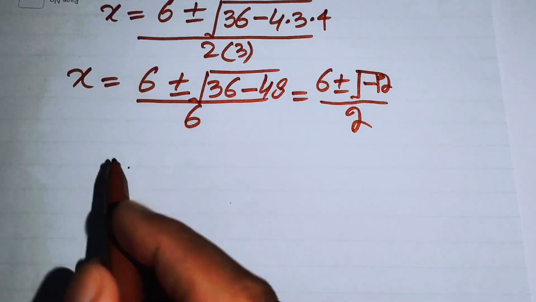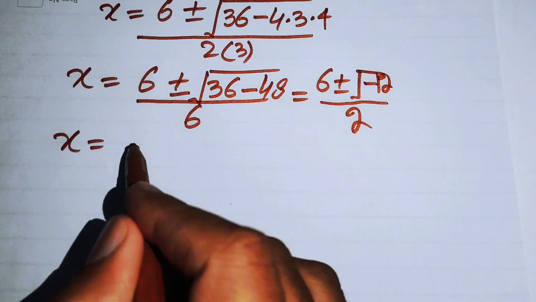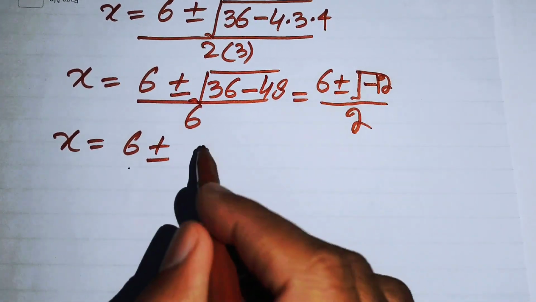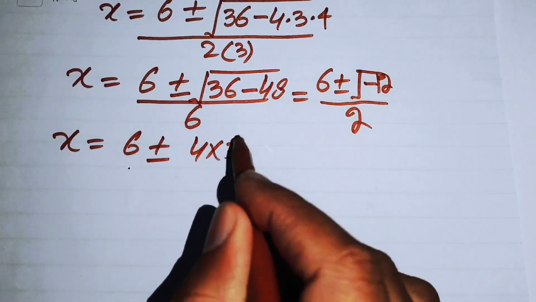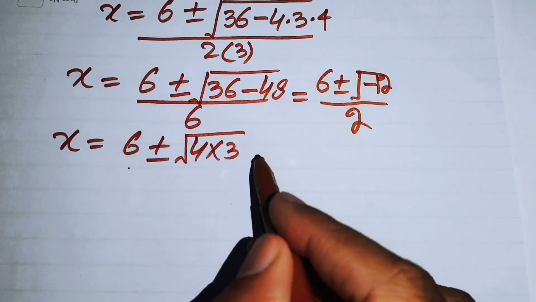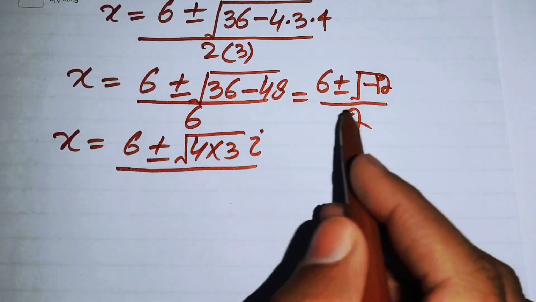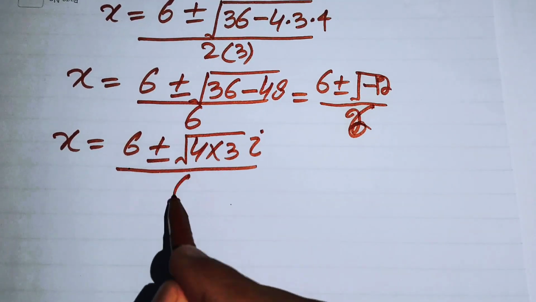In the next step you write x equals 6 plus or minus 12, and we write it as 4 times 3, which is 12, and minus 1 under the square root sign equals iota, and this whole over 6.